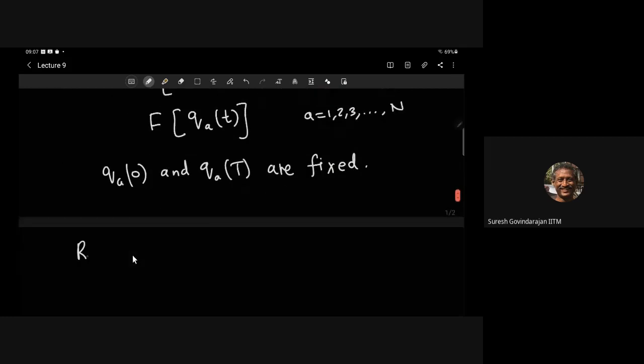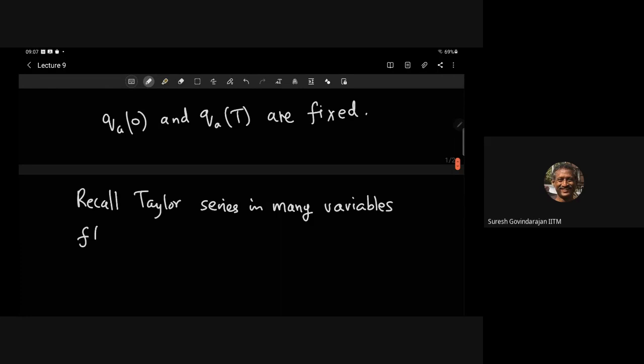So recall, we'll take a function, and I'll use x for that, and a again the same index run from 1 to n.